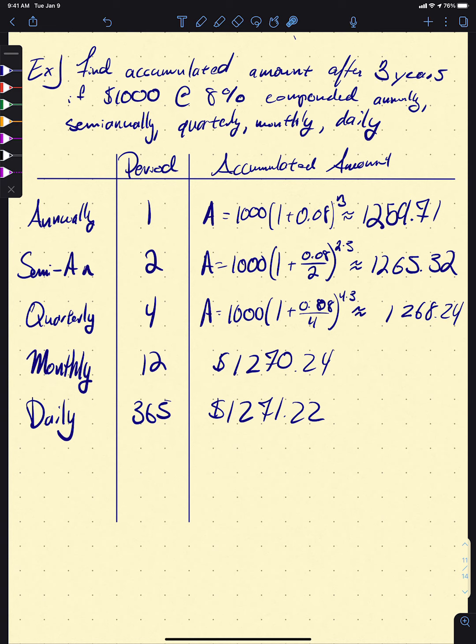It sort of asks the question of what happens as you compound more and more and more often, rather than daily. What if you did it every 12 hours, every hour, every minute, every second? What if you compounded continuously? But all of a sudden, this is a limit question, right?